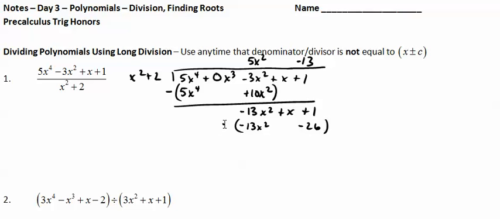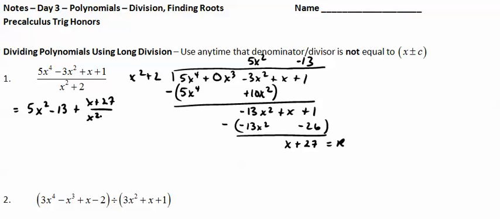Now remember, you're going to subtract, so I'm left with x, and 1 minus negative 26 is plus 27. So now I can write my final answer. This is my remainder. This polynomial can be written as 5x squared minus 13 plus x plus 27 over x squared plus 2.